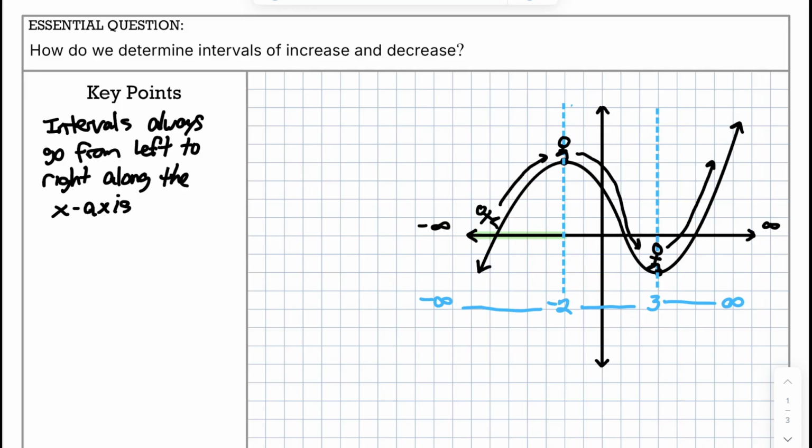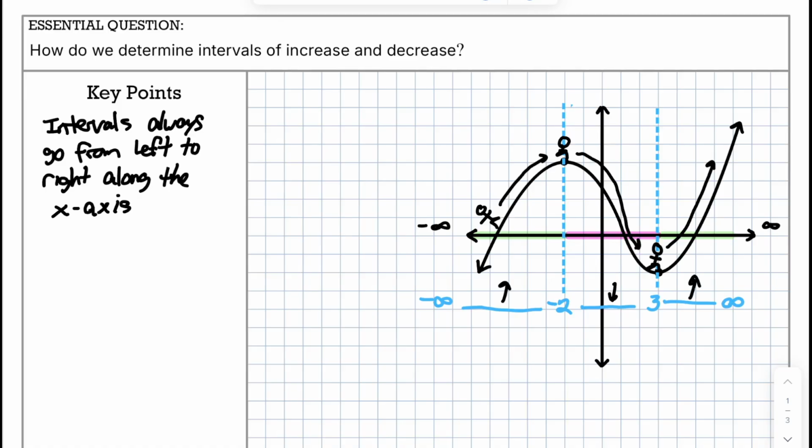Then he's going down from negative 2 to positive 3. And then he's going back up from 3 to infinity. So those are your intervals where he's going up, down, and back up. So then we just need to figure out how to write them.